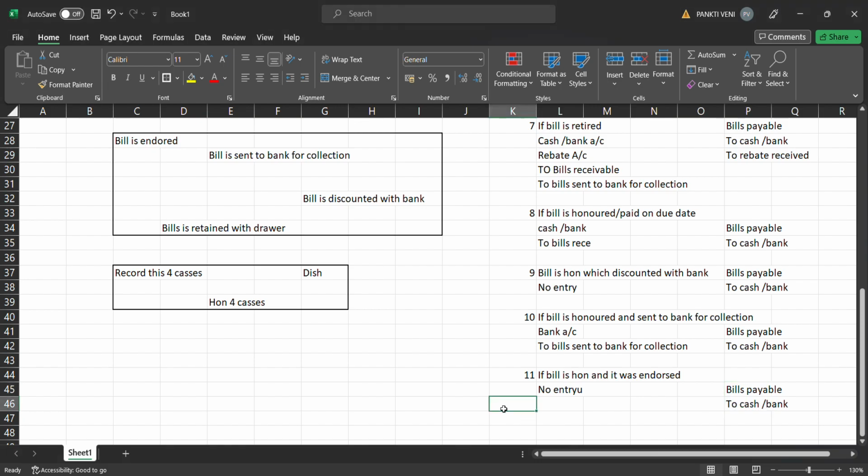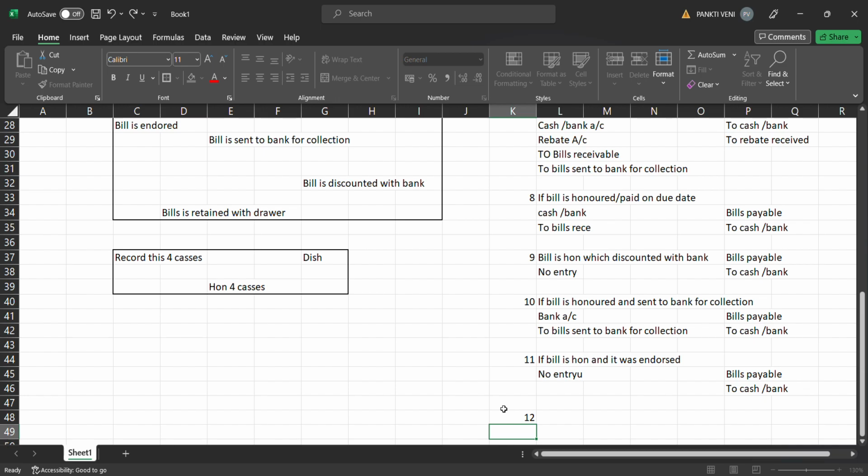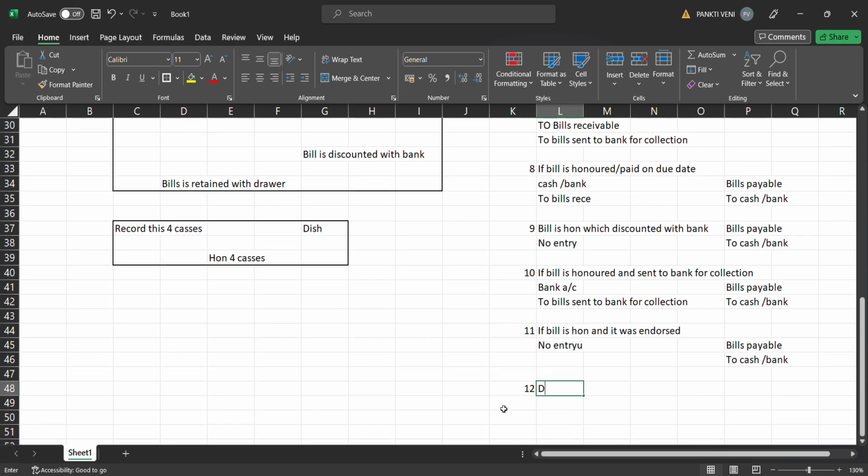Then we have the next, the 12th one. If the bill is dishonored, and earlier it was, so the dishonor entry we are passing. So if the bill is dishonored, then what will be the entry? You have to record it in reverse manner. You will have to collect it from your customer.